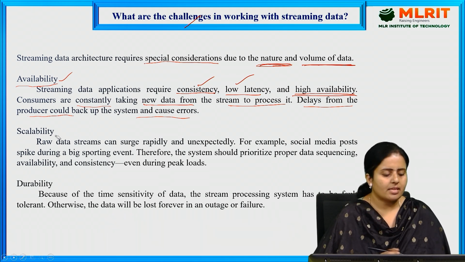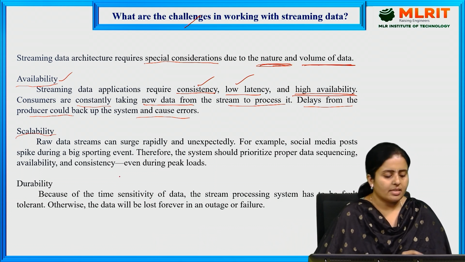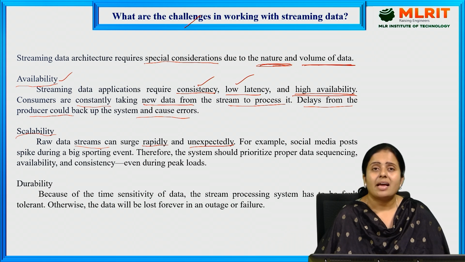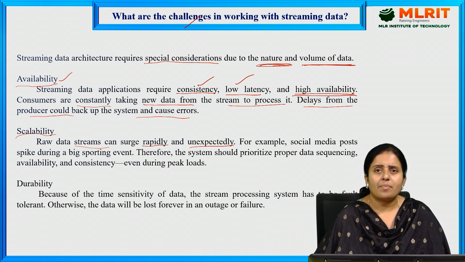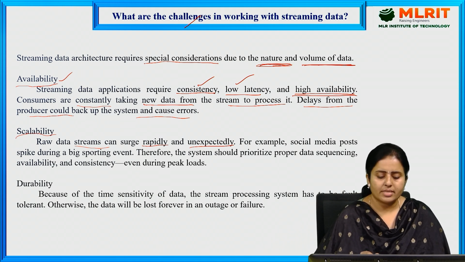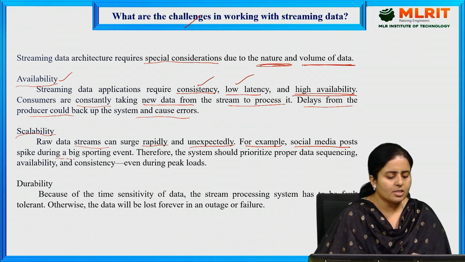As a second challenge, scalability. Scalability is about raw data streams that can surge rapidly and unexpectedly. As the data is continuously flowing, that raw data can come rapidly or unexpectedly into a stream processing system. For example, social media posts spike during a big sporting event.